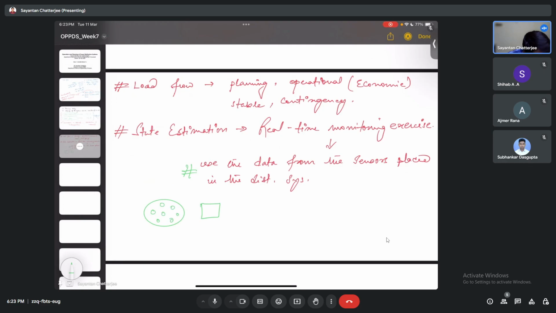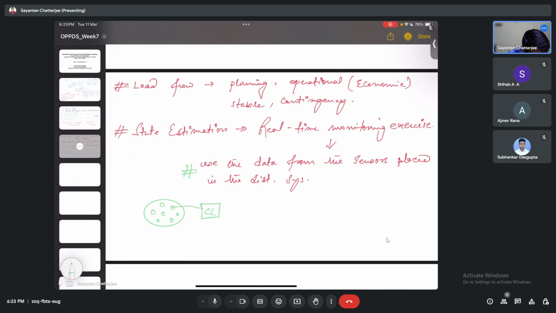Sensors are RTUs and SCADA, or smart meters in the distribution system, distribution system RTUs, distribution system PMUs, and this is the control center, CC.